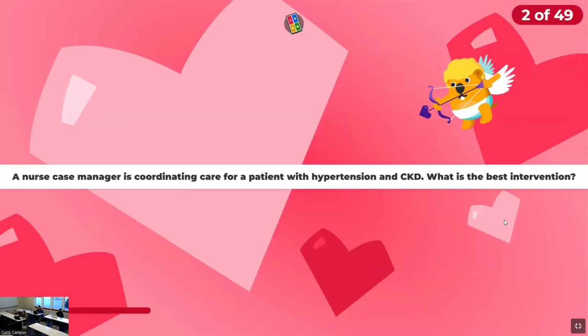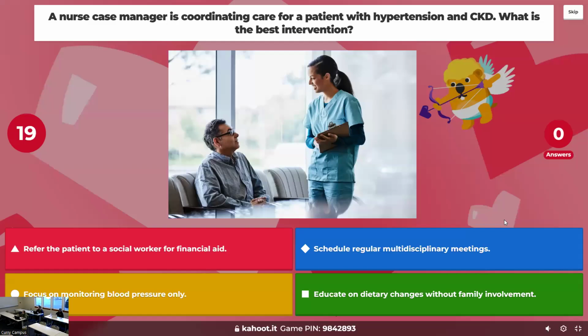Okay. A nurse case manager is coordinating care for a patient with hypertension and chronic kidney disease. What is the best intervention? And the one that you can't see is focus on monitoring blood pressure only.